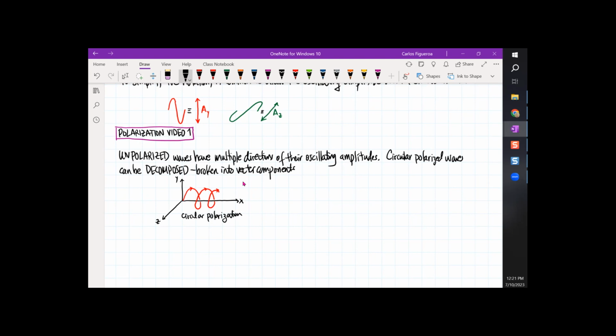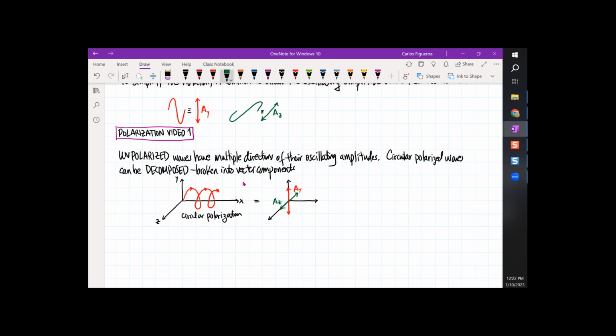Now, the way I can redraw this here is that I can draw it the following way. I'm going to set up my axis again. And what you're seeing here is that there's a mixture of two states. So one state here has my oscillating field going up and down, which is now AY. Then I have a second field that's oscillating in this direction, which is AZ.